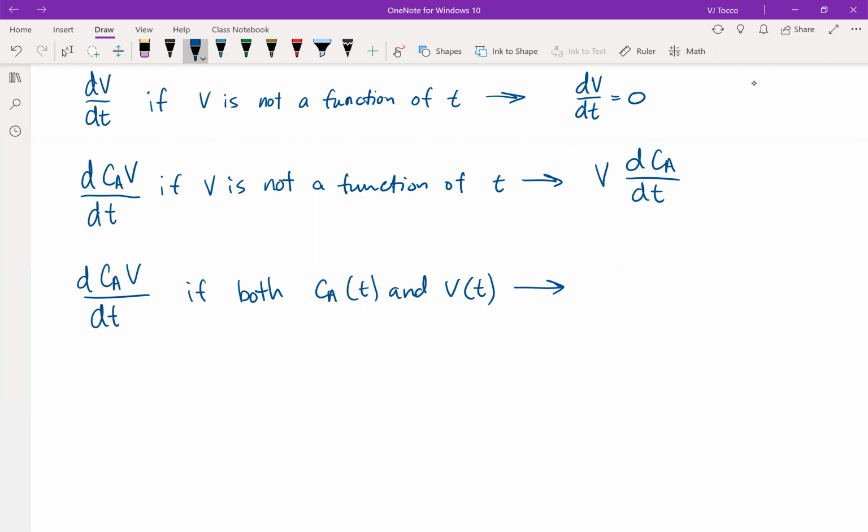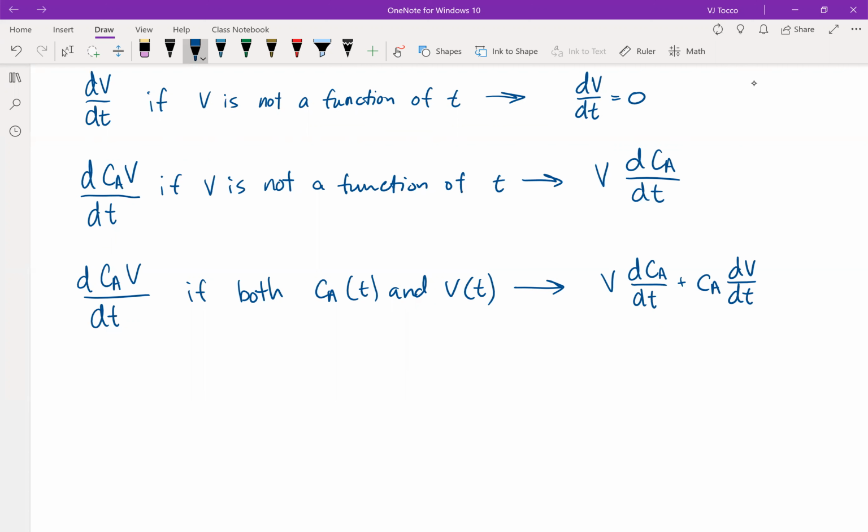Then computing this, I always learned this as the chain rule, but this is incorrect. It's the product rule. So I could say V times dCA/dt plus Ca times dV/dt. In other words, I'm taking one variable out and then taking the derivative of the other one.